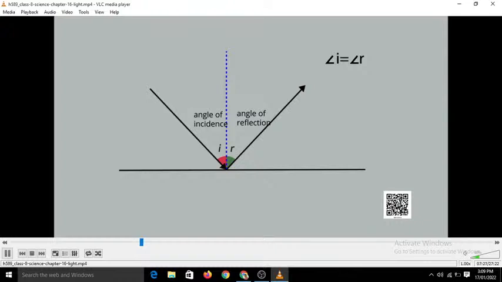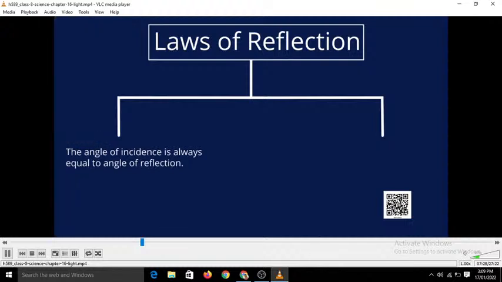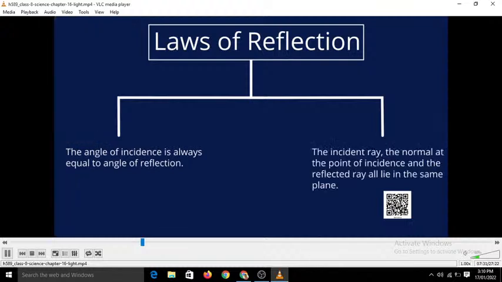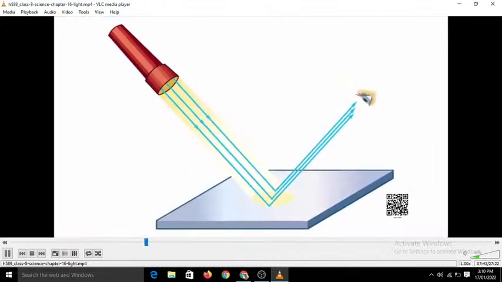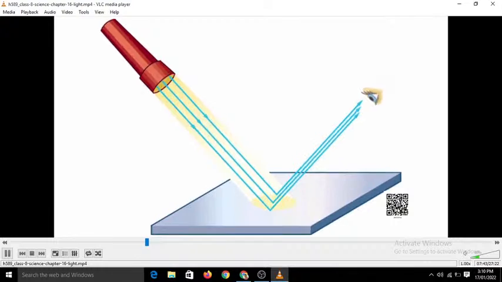According to the second law of reflection, the incident ray, the normal at the point of incidence and the reflected ray all lie in the same plane. That is why we can show reflection in our notebooks, because all rays are in the same plane.